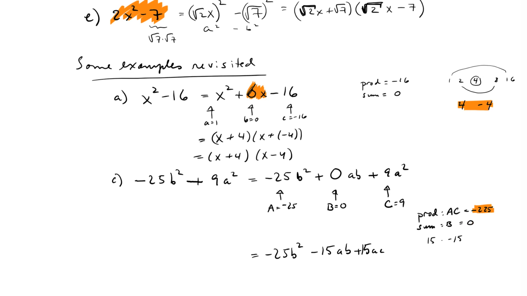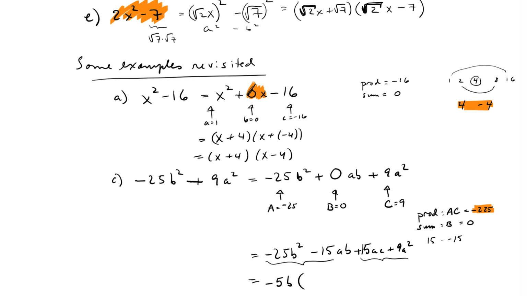It's not the same as in the previous example because I didn't have a coefficient of 1 for either a squared or b squared. So I'm kind of forced to use factorization by grouping. Okay, I split my middle term, then I group them, and I factor by grouping. I recognize I've got 25 and 15, those are two multiples of 5.